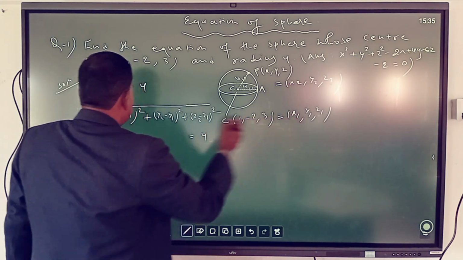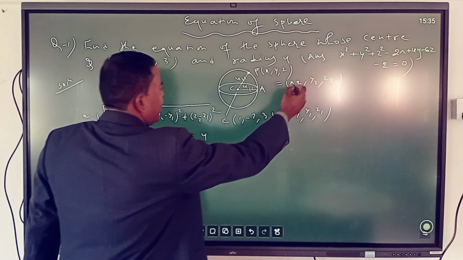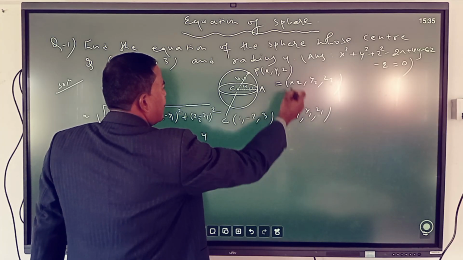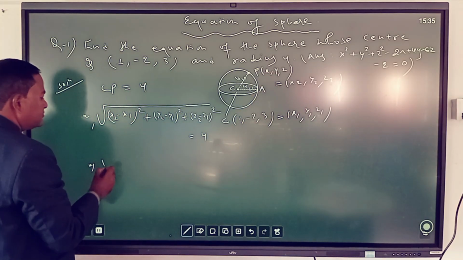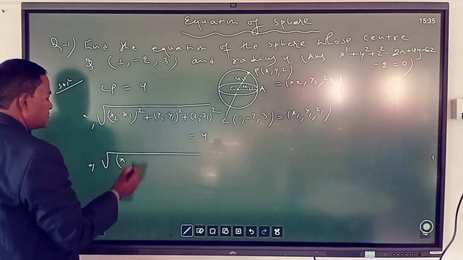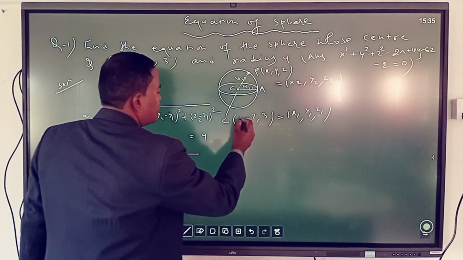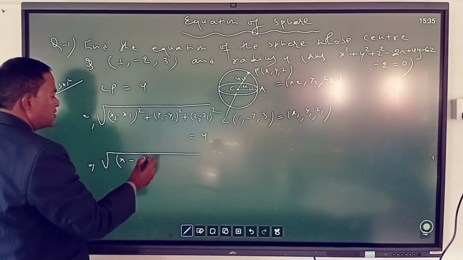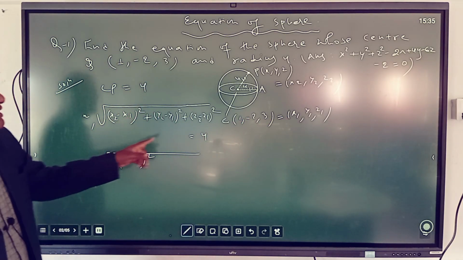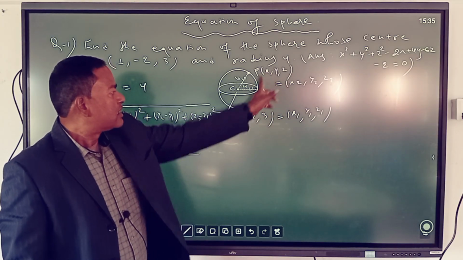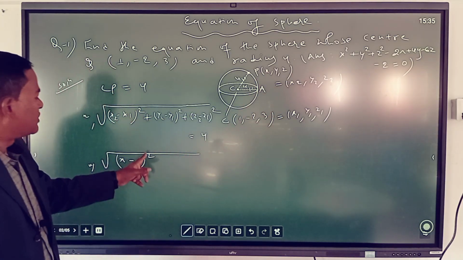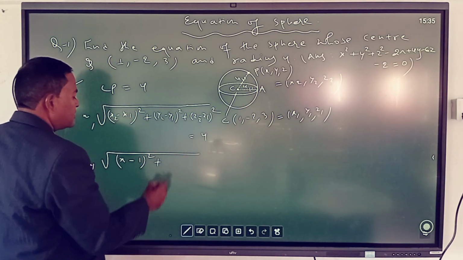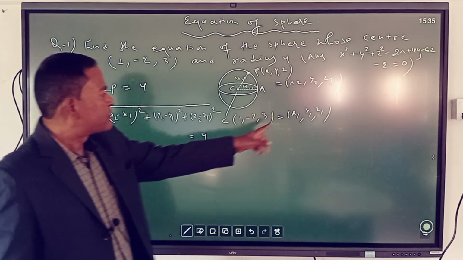X2 minus x1, the value of x2 minus x1: x2 means x and x1 means 1. So x2 minus x1 means x minus 1, then whole square, plus y2 minus y1 whole square.